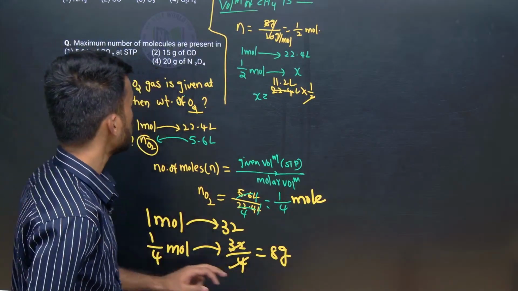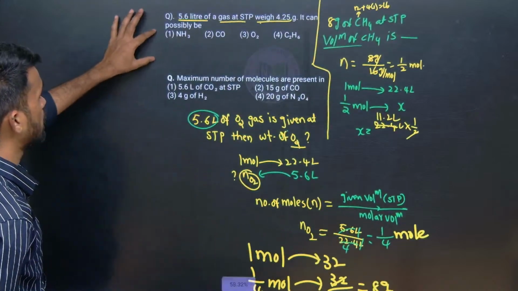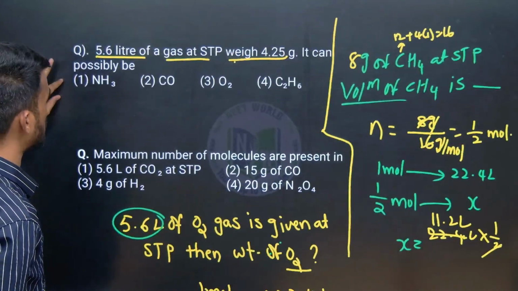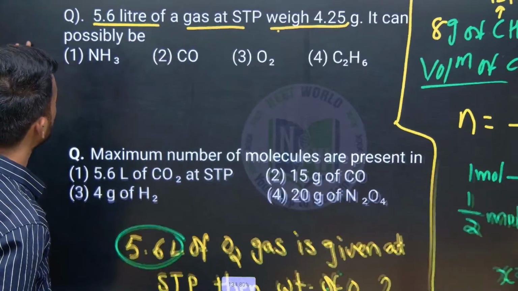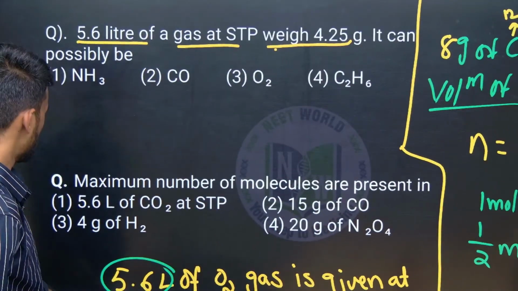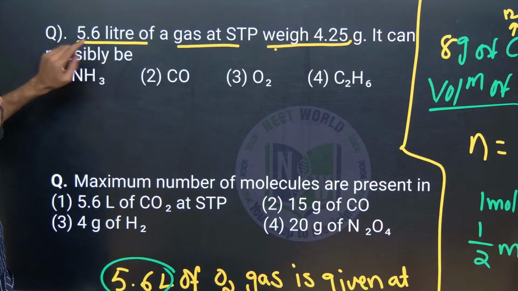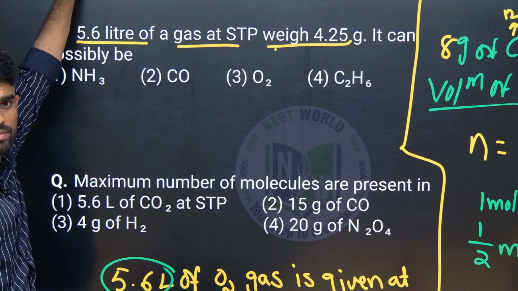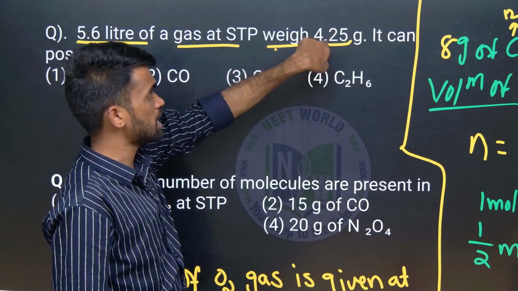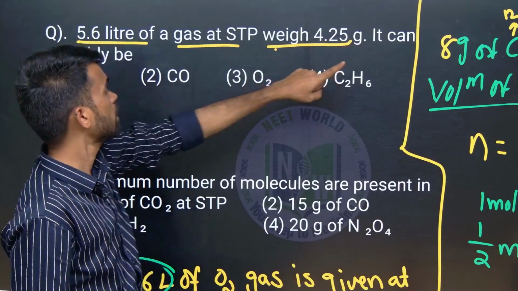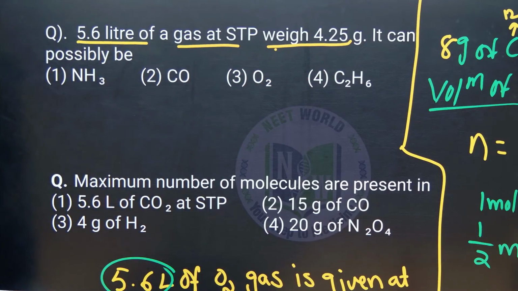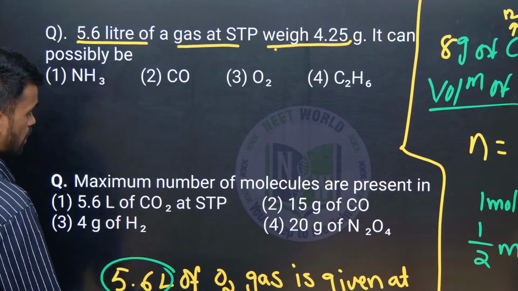Yeah. So now I have brought two questions for you. I will be solving one question and the other one is for you. See here, 5.6 liters of gas is given at STP, and it has this much weight. Which gas can it possibly be? So 5.6 liters means how many moles?